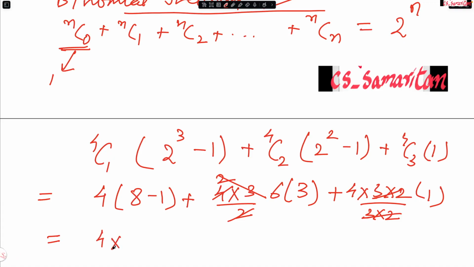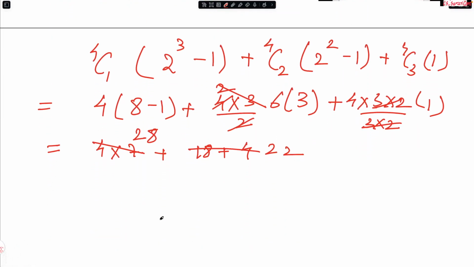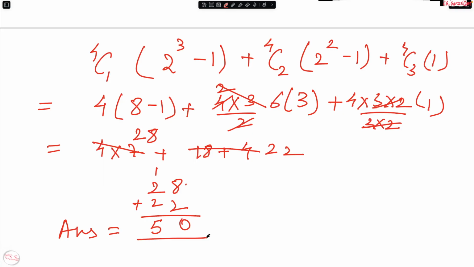So 4 times 7 plus 18 plus 4. 18 plus 4 is 22. This thing is 28. 28 plus 22 is going to be our answer. 8 plus 2 is 10, 2 plus 2 is 4, plus 1 is 5. Right? So 50 is going to be our answer.